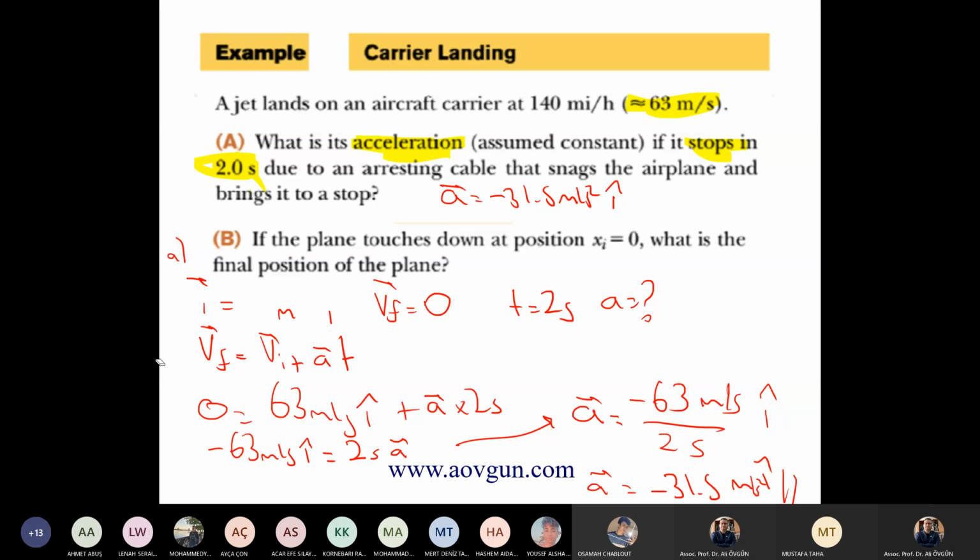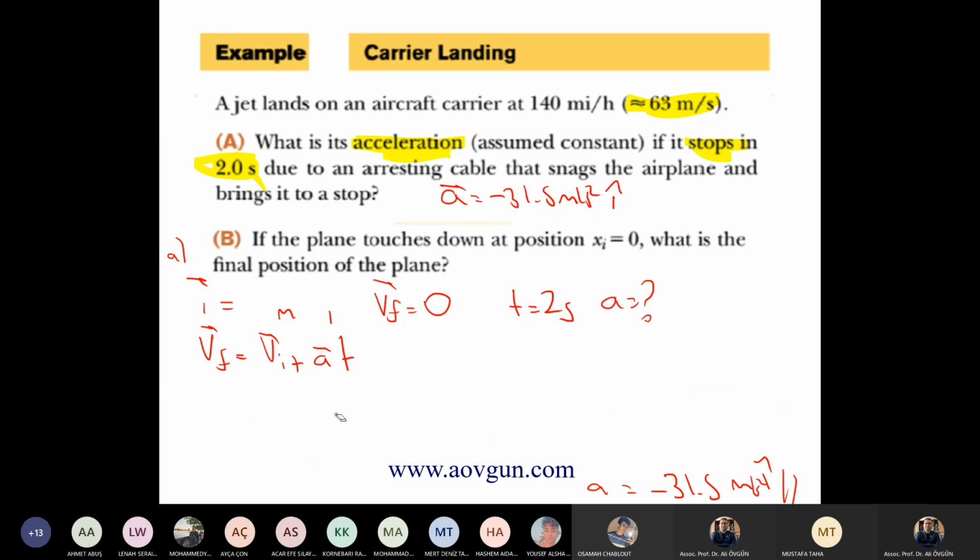First, let's erase these things. This is V initial, 63 meters per second i hat. So to solve part B, you must use the position equation.